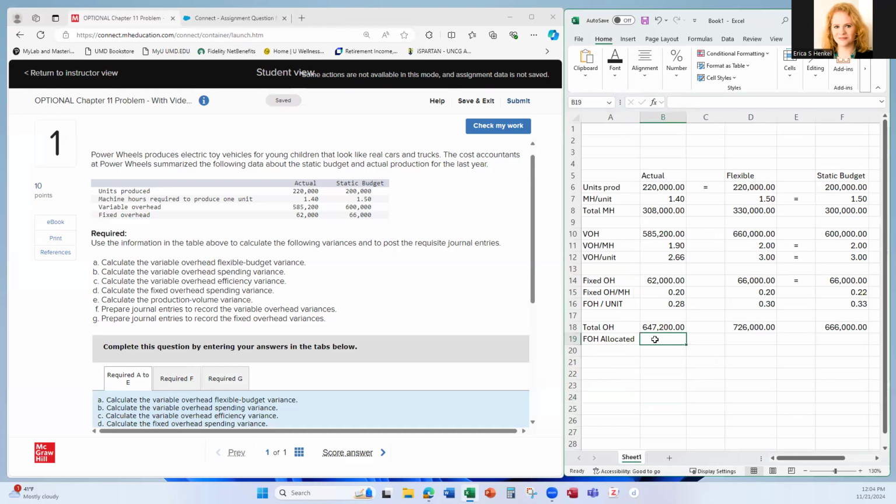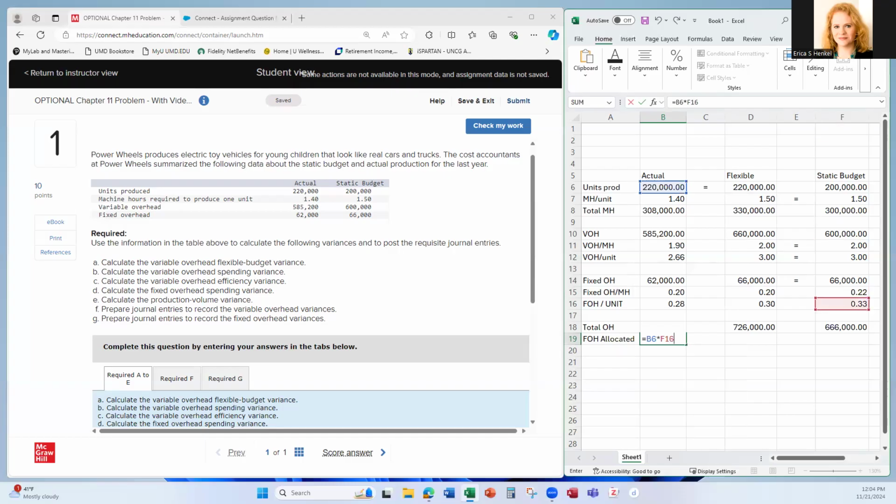So we're going to take our actual units produced here in B6, and we're going to multiply it times our static budget fixed overhead rate per unit, which we calculated over there, which is F16.